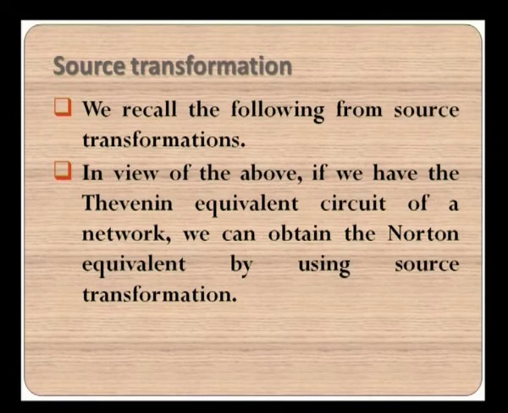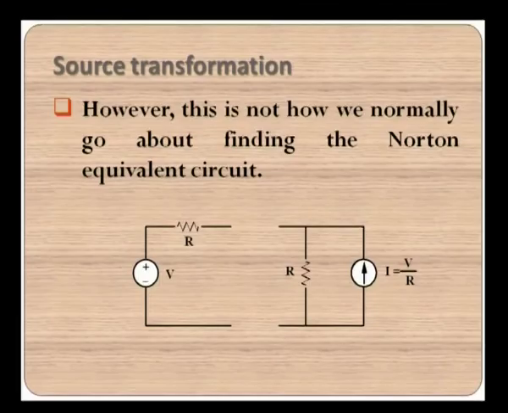Now, we have to see how the two equivalent circuits, that is the Thevenin equivalent and the Norton equivalent, would look like when we replace a network with these two networks. However, this is not how we normally go about finding the Norton equivalent circuit.